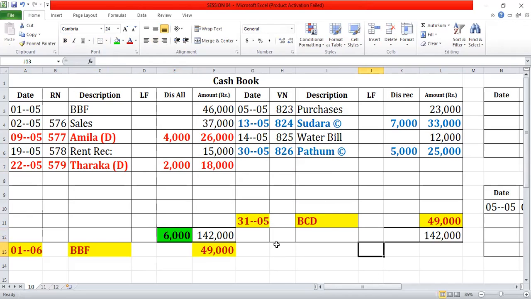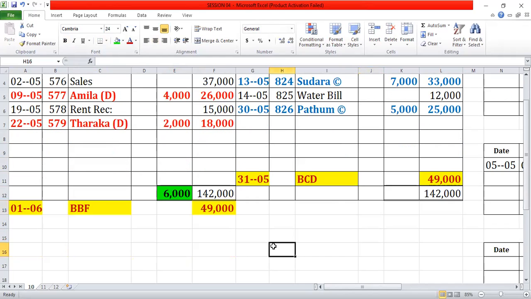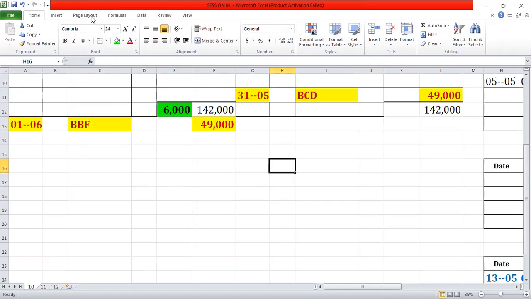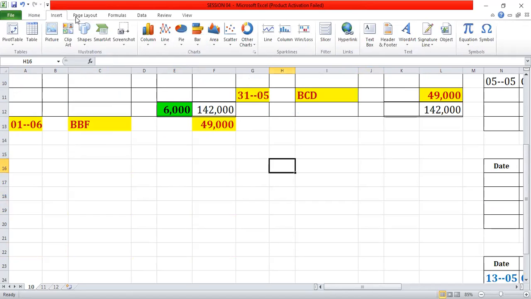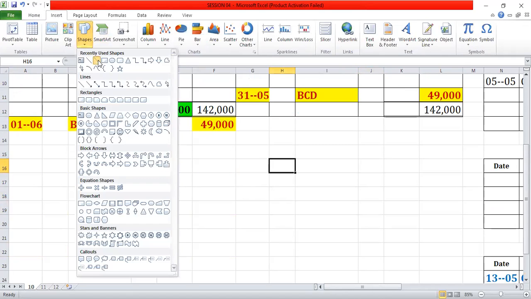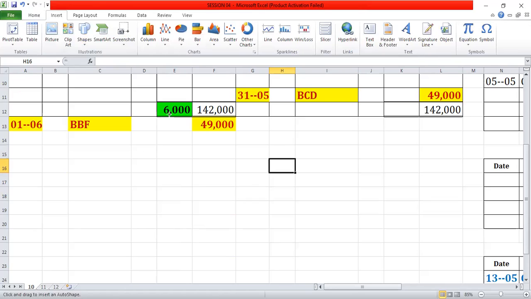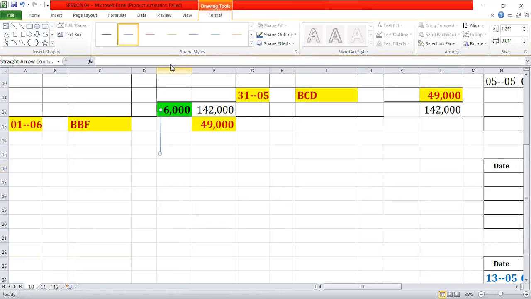Draw an arrow to the discounts figure, 6,000.